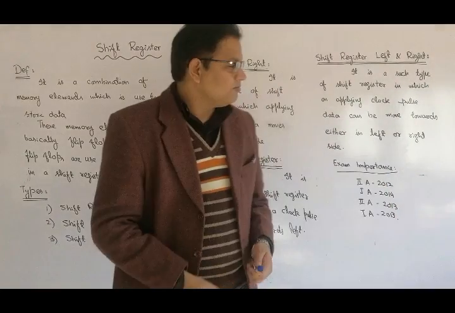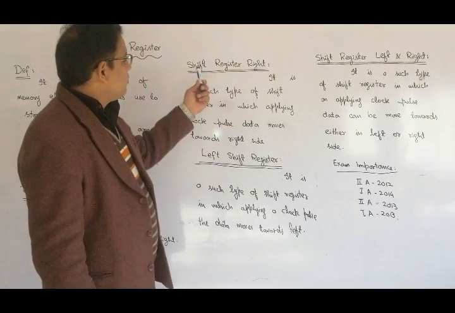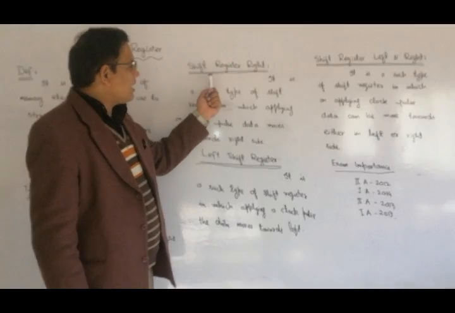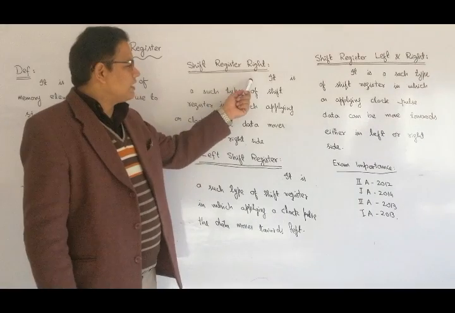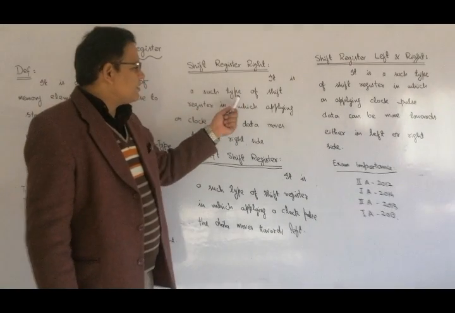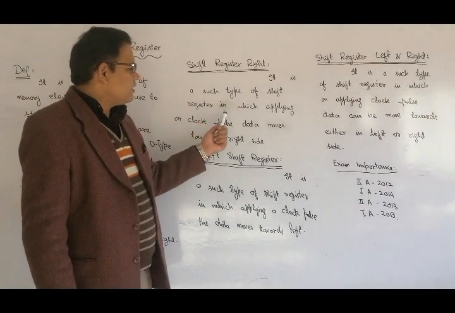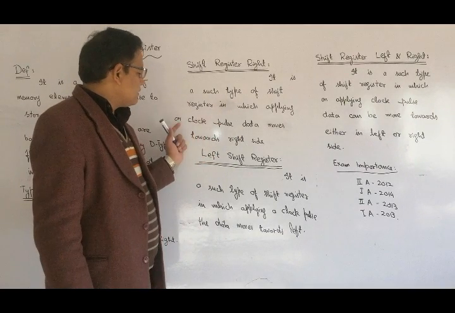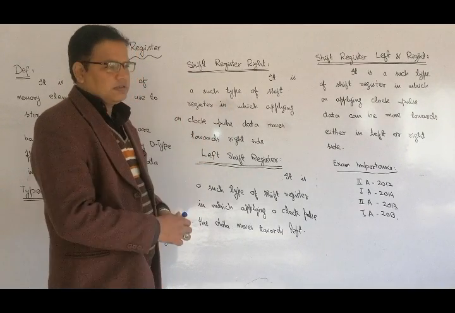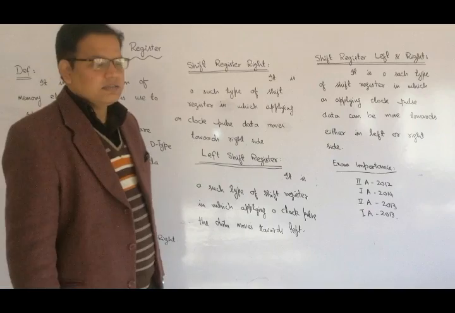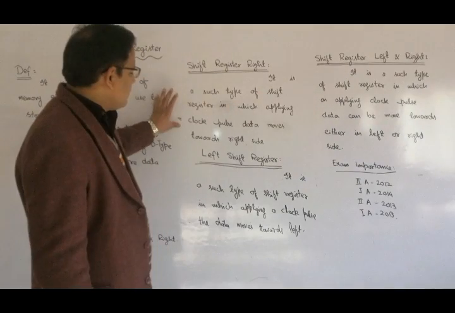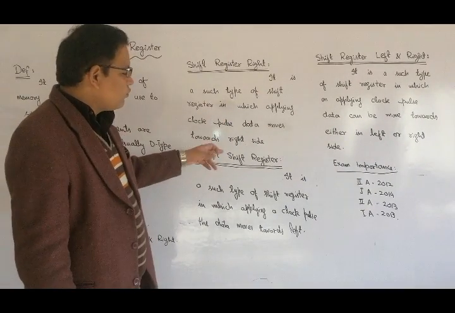What is a right shift register? It is a type of shift register in which, on applying a clock pulse, the data moves towards the right.